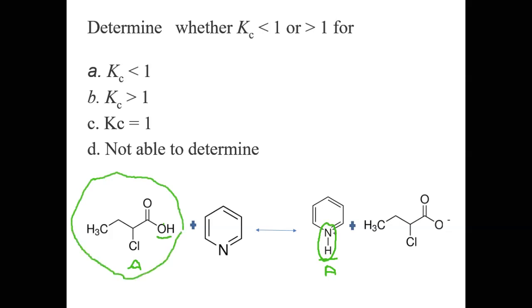So this would be the stronger acid, so we'll call it SA. And this would be the weaker acid. And so the net reaction goes to the right. Kc is going to be greater than 1.